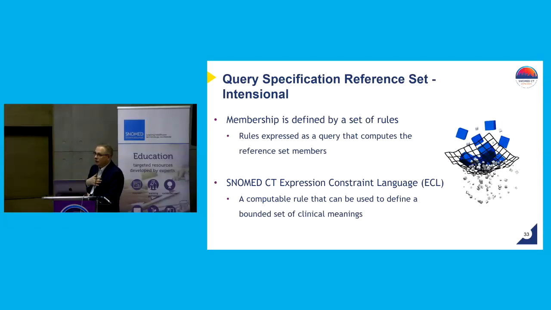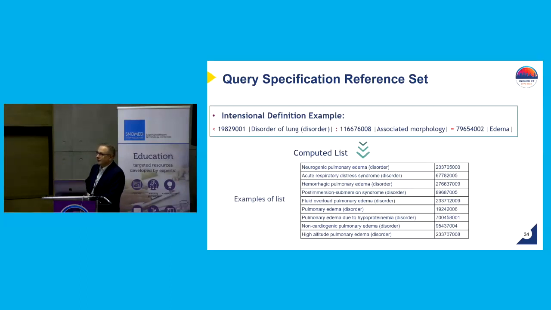And that's what we call ECL, expression constraint language. So I'm going to show you the next slide because you'll get it from the next slide rather than all these definitions. Do you see here, this is called an intensional reference set, where you use a query language to decide what's in your reference set.